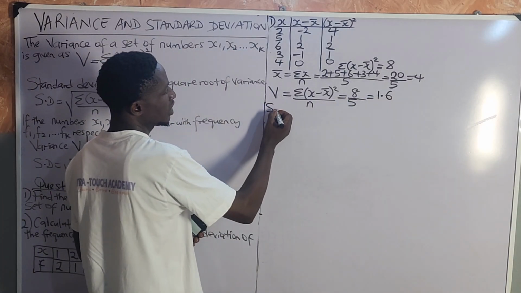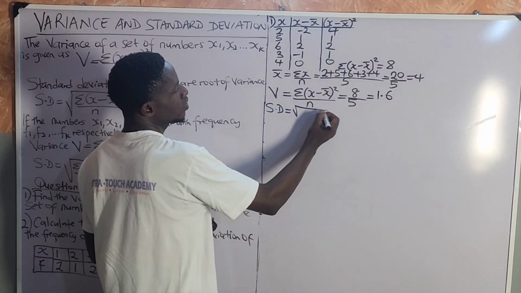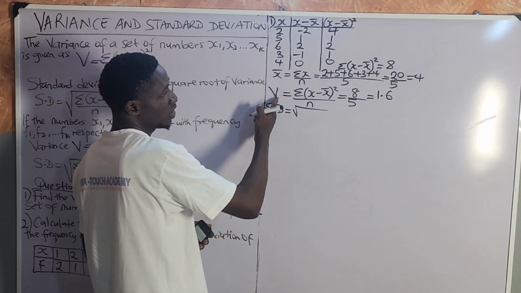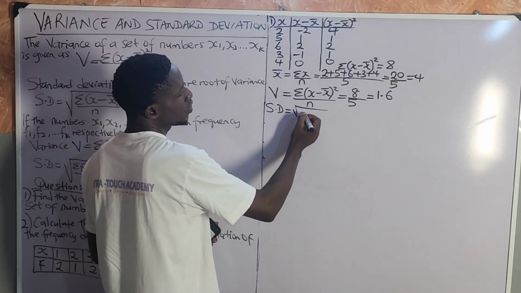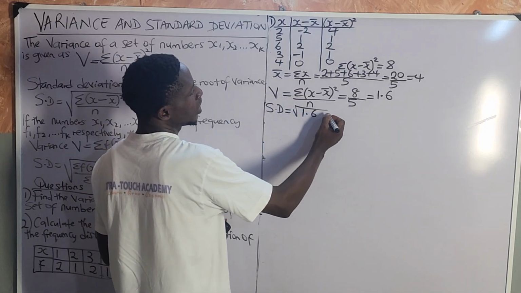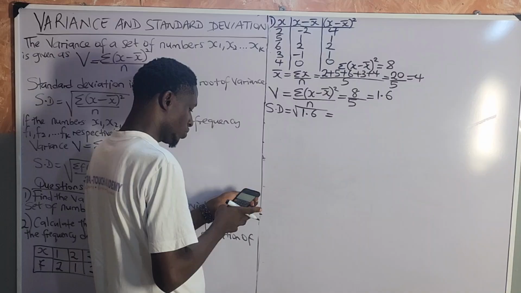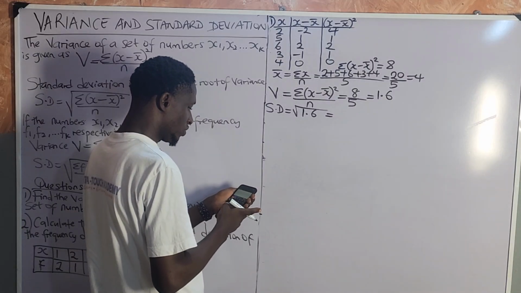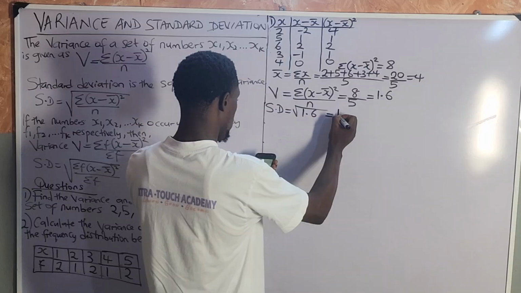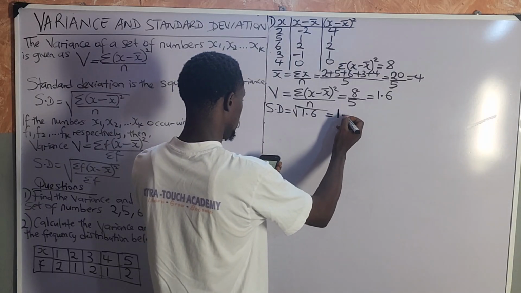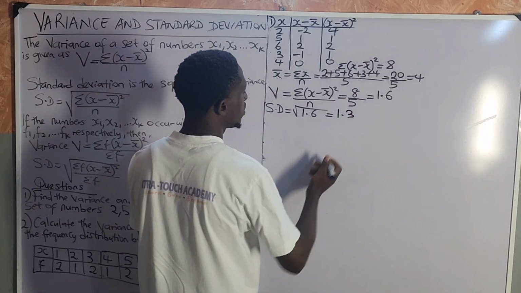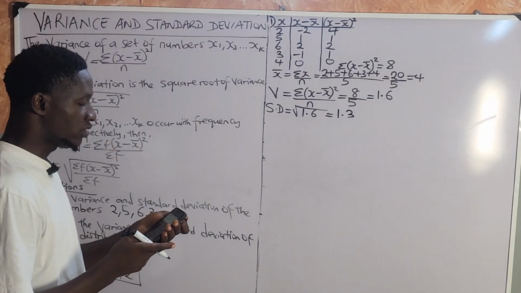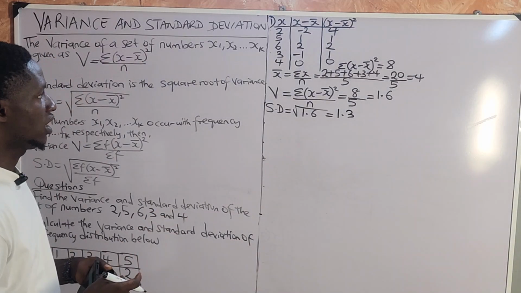Then the standard deviation is equal to the square root of whatever you got as the variance. So the square root of 1.6 is about 1.3, and that is the final answer.